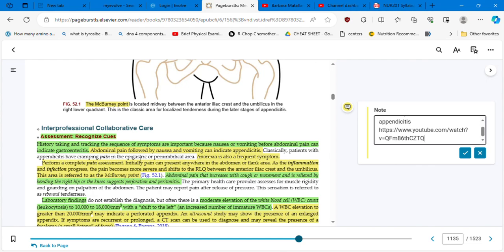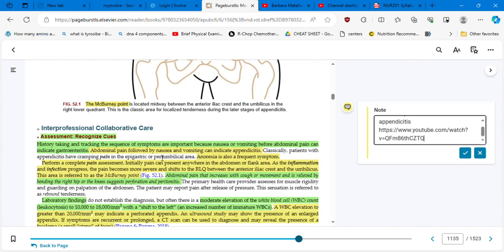Let's review this. Abdominal pain followed by nausea and vomiting can indicate appendicitis.